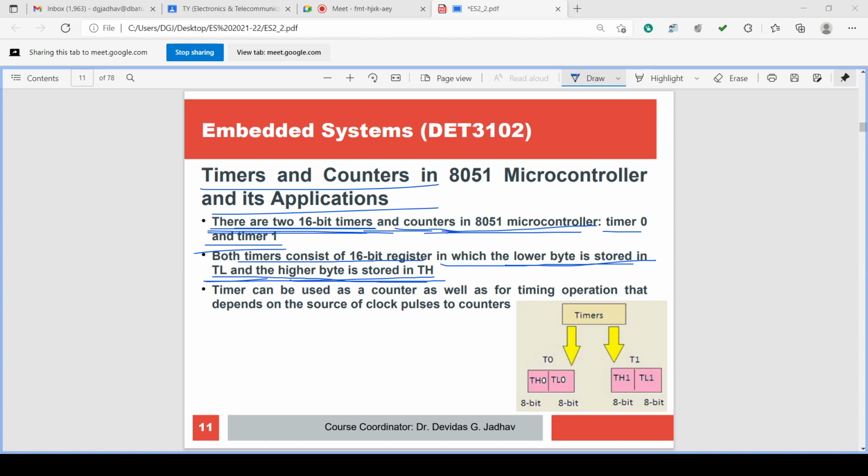Both T0 and T1 are divided each into timer low and timer high, and their names are TL0, TH0 and TL1, TH1. TL0 is 8 bit, TH0 is 8 bit. Similarly, TL1 is 8 bit, TH1 is 8 bit.